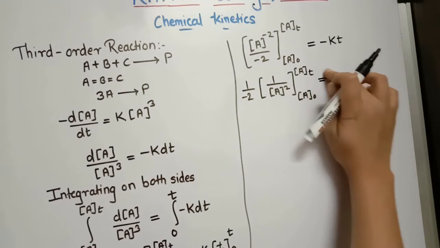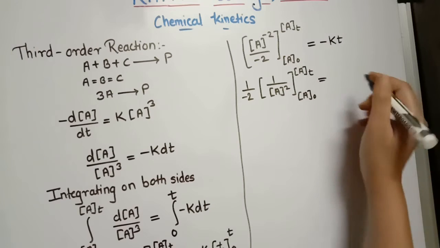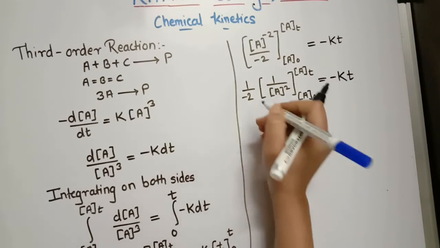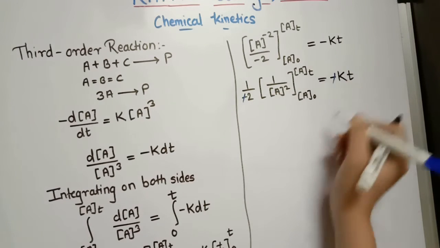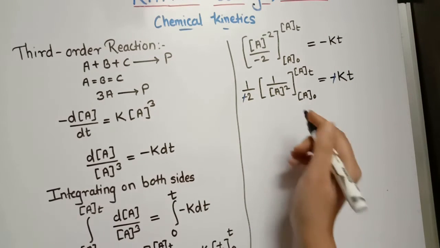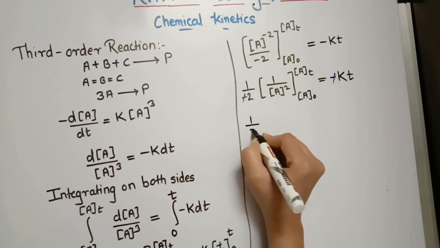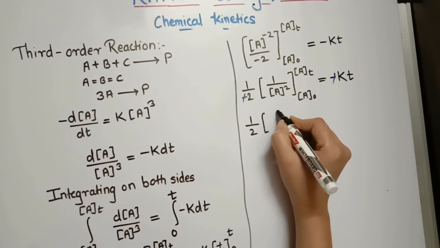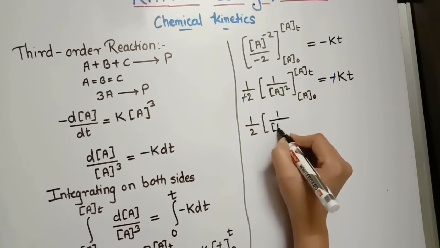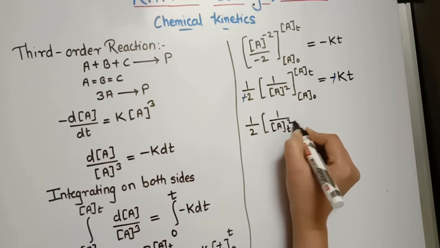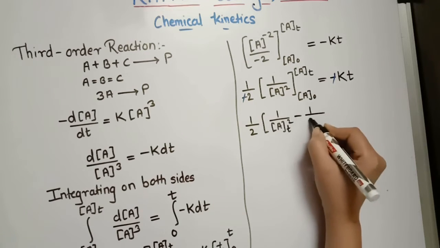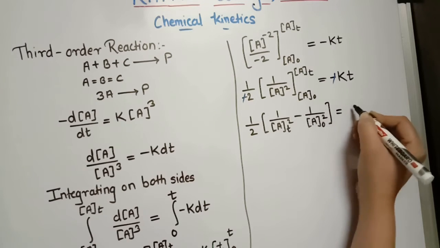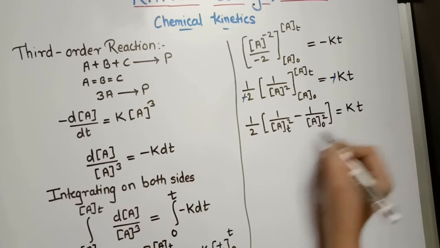Which will be equal to minus kt. So this minus sign from the left hand side and the right hand side gets cancelled, and putting the integration limits, we get 1 upon At square minus 1 upon A naught square, bracket close, which is equal to kt.